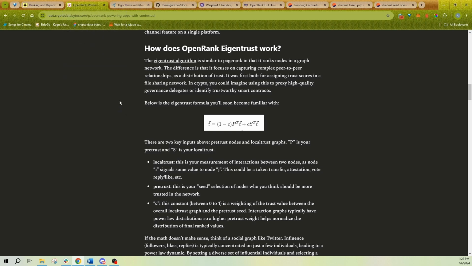OpenRank is a platform where they are basically helping you manage algorithms and outputs. The first one that they've really focused on here is an EigenTrust algorithm. For people who know PageRank, you basically have 10,000 links and you want to rank these links by importance and relevance.